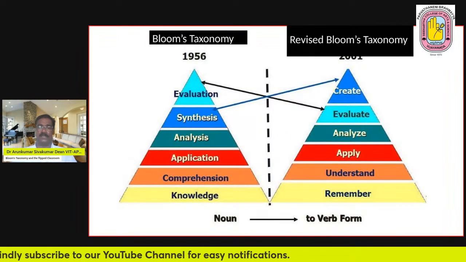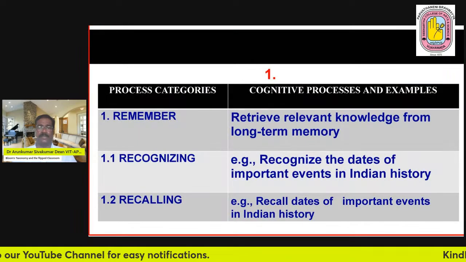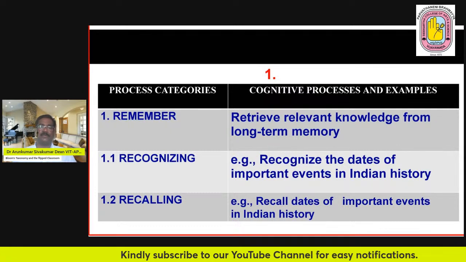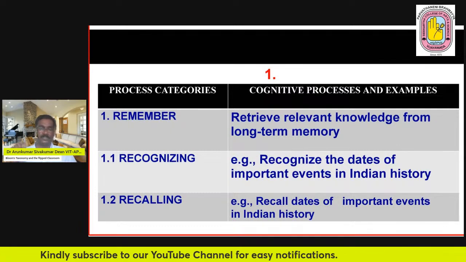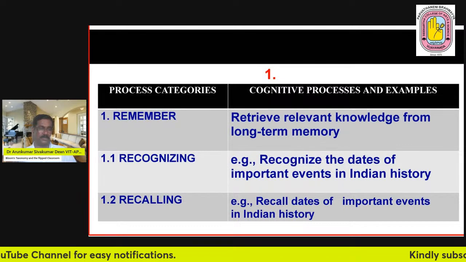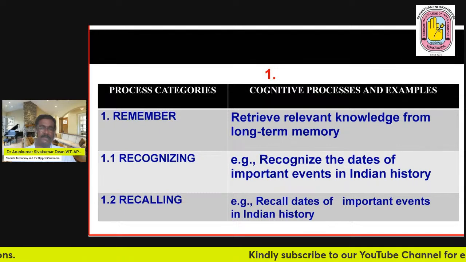Bloom's taxonomy revised, I have already given you, and let's go into detail one by one, starting with remembering: recognizing, recalling. Okay, remembering, what do you do in Bloom's taxonomy? Retrieve relevant knowledge from long-term memory. You're trying to retrieve. That's what you did. A lot of pre-reading, a lot of videos you watched.